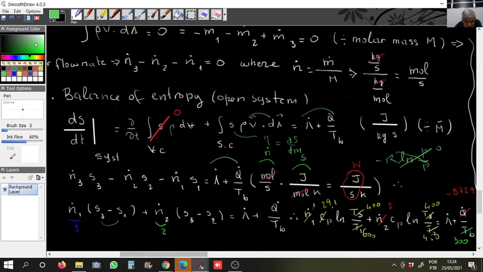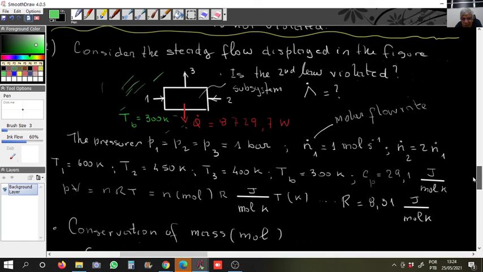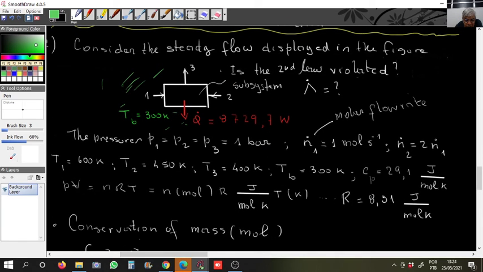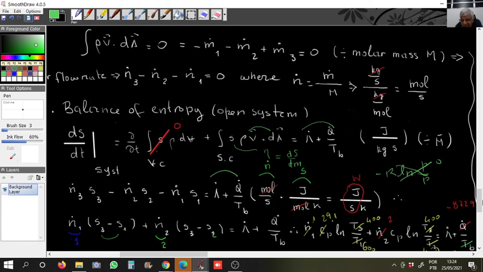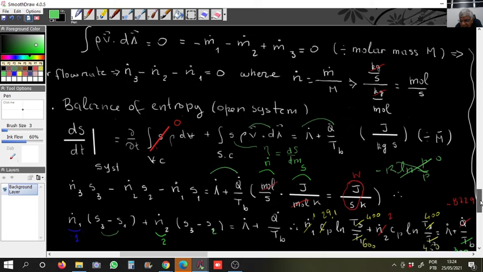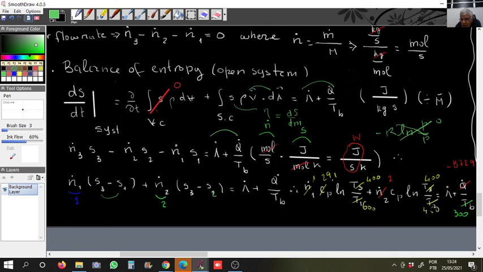Now, attention. The system is losing heat. As I emphasized, I put the sign of the heat of the system right over here. See this minus sign here, because the heat is leaving the system.